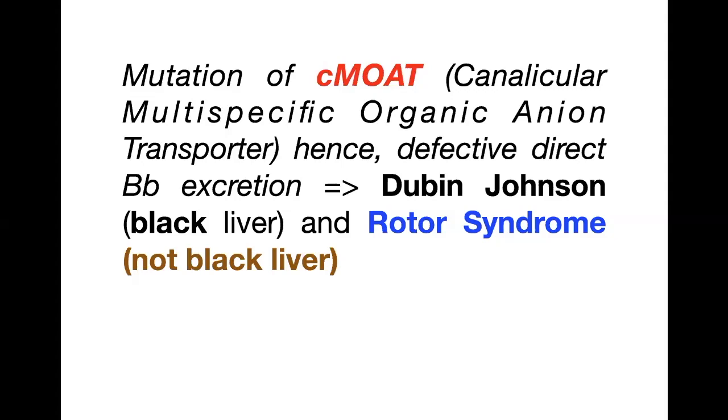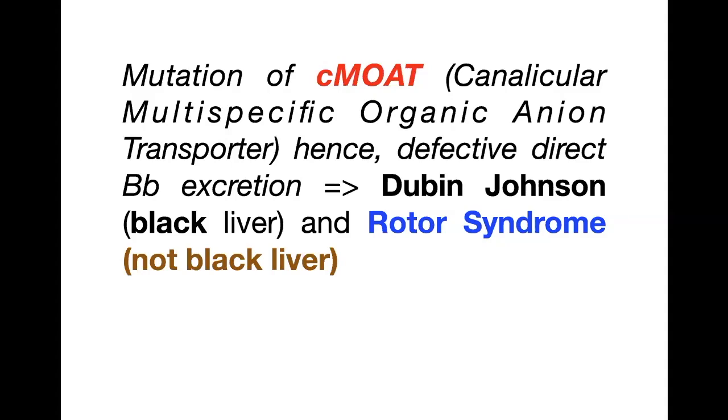Mutation of CMOAT leads to defective direct or conjugated bilirubin excretion. This leads to Dubin-Johnson, that's the black liver, and Rotor syndrome, where the liver is not black.